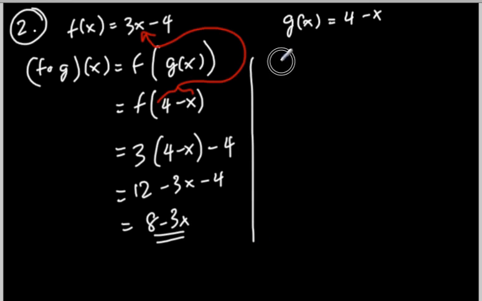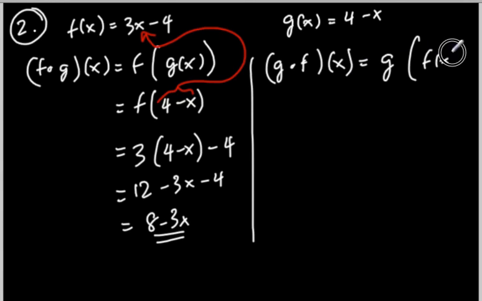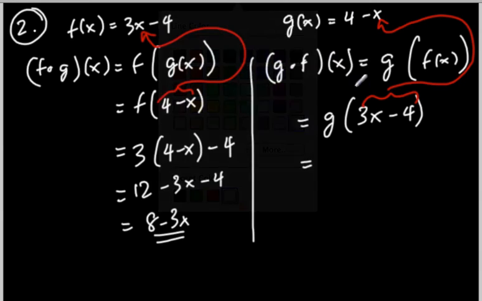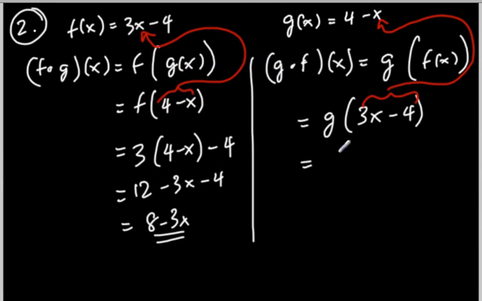Let's do g of f now. So it's g of f of x. I'm just going to write it here. So it's g of 3x minus 4. This argument goes right into that x over there. And that's really it. All you're doing is substituting your x for whatever argument you have.